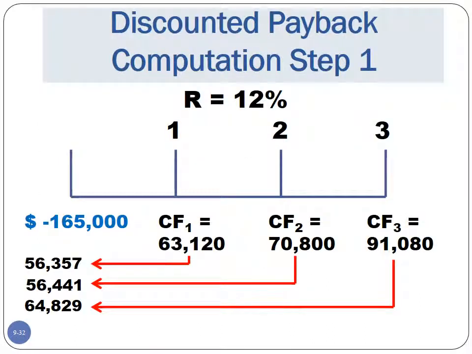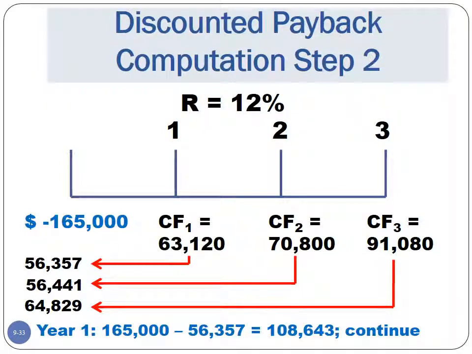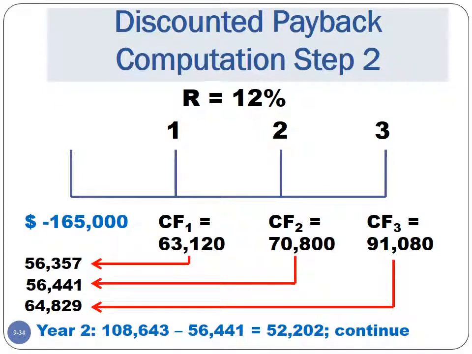So we've estimated here, you can see, the present value of all the cash flows. So we subtract the present value of the cash flow from year 1 from year 0. Then for year 2, we subtract the discounted value of the cash flow in year 2, 56,441.